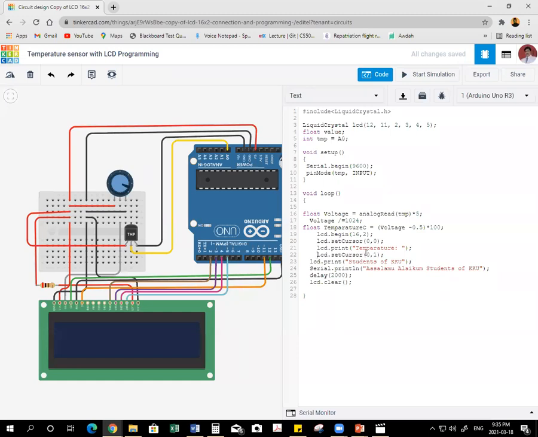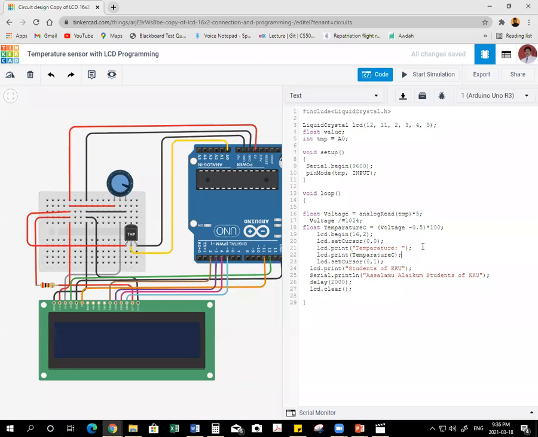Now lcd temperature. After that another lcd we need, because we have to print the value of the temperature. lcd.print in brackets. If it is not in the double quotes, it will give the value in that variable. Temperature, be careful, temperatureC, because that is a variable, right? temperatureC, close the bracket and semicolon.